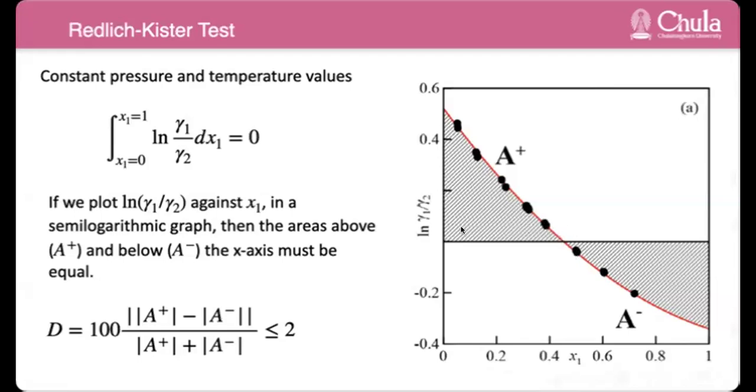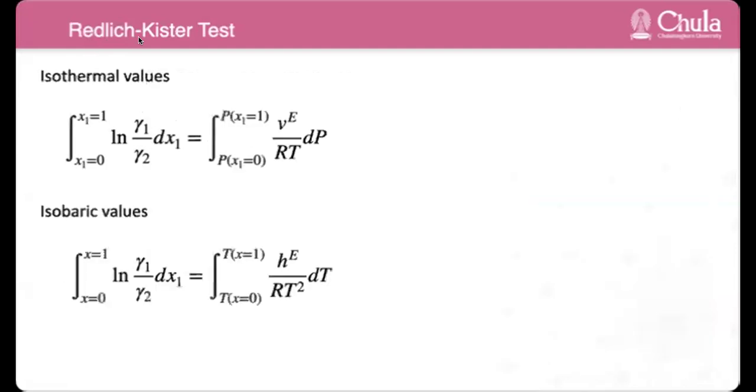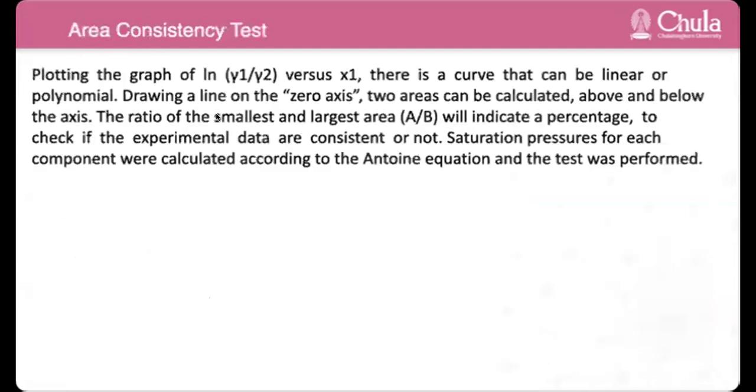And the area here and area here must be equal. Okay, if your data pass this one, we call it passed the Redlich-Kister test, okay?